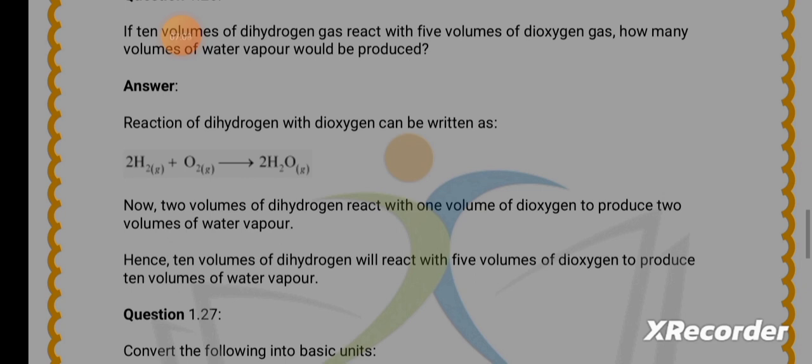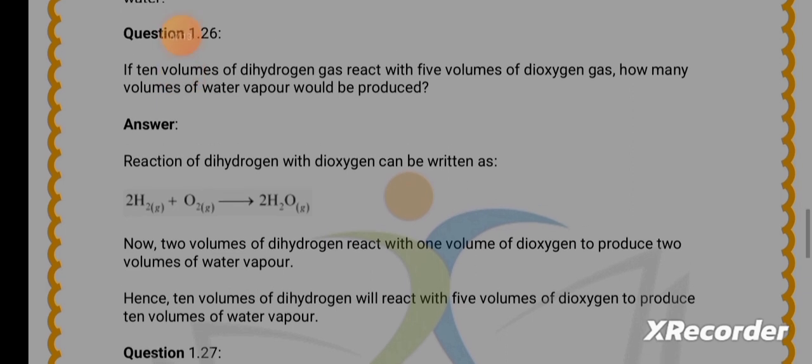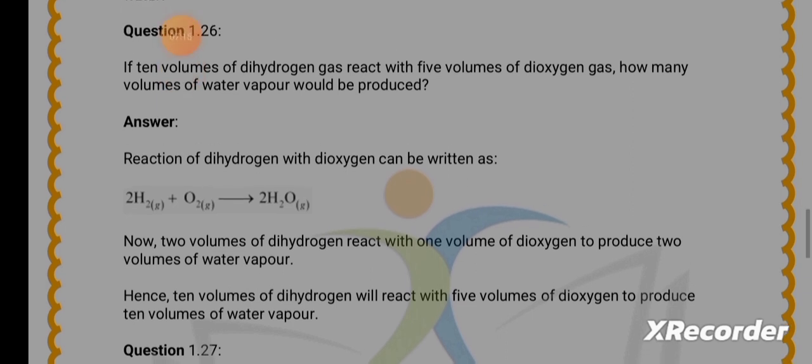Means 2 mole hydrogen forms 2 mole water. Then you have 10 mole of dihydrogen and 5 mole of oxygen. Now when 2 goes with 1, 10 goes with 5. So 2 moles hydrogen makes 2 moles water, then 10 volumes of hydrogen will produce 10 volumes of water vapors.